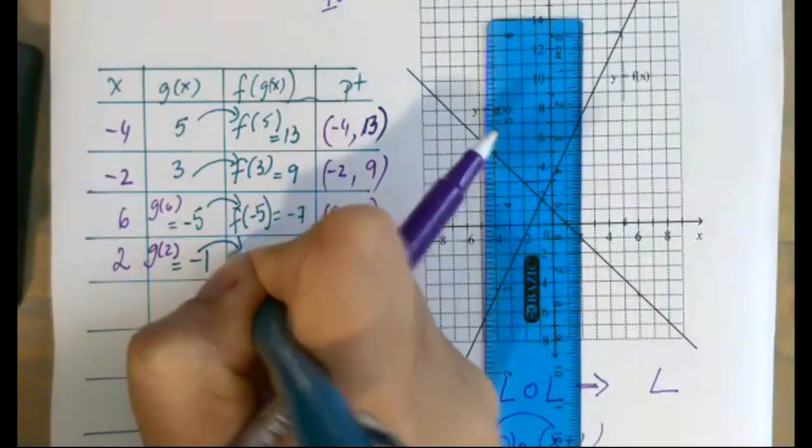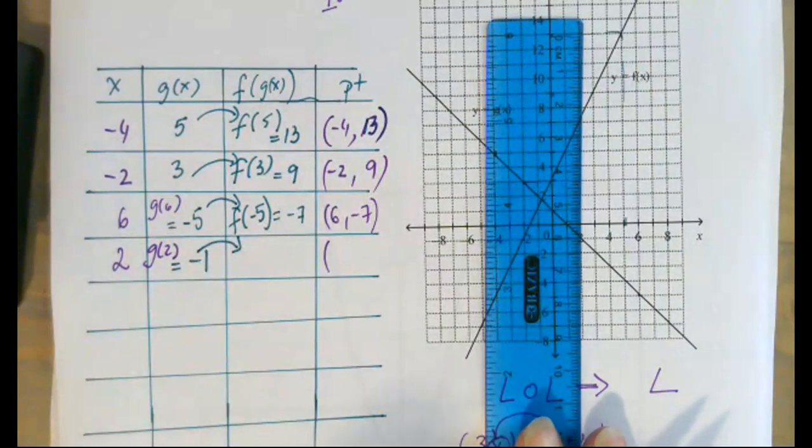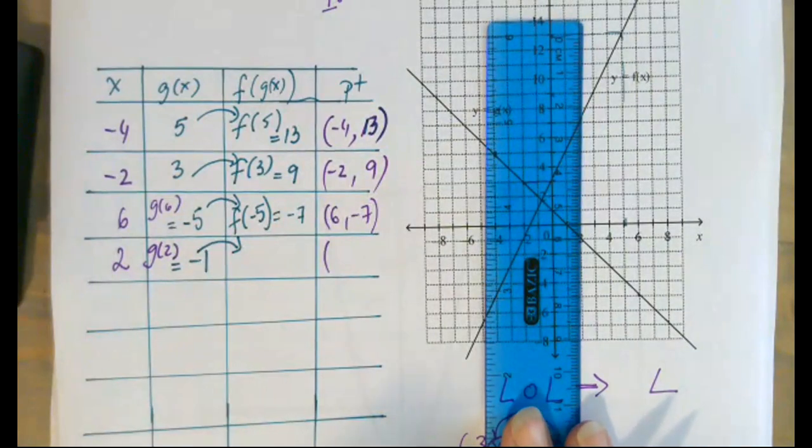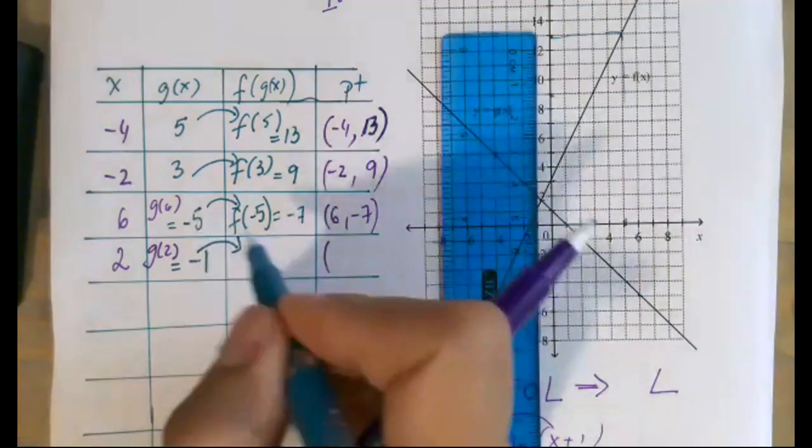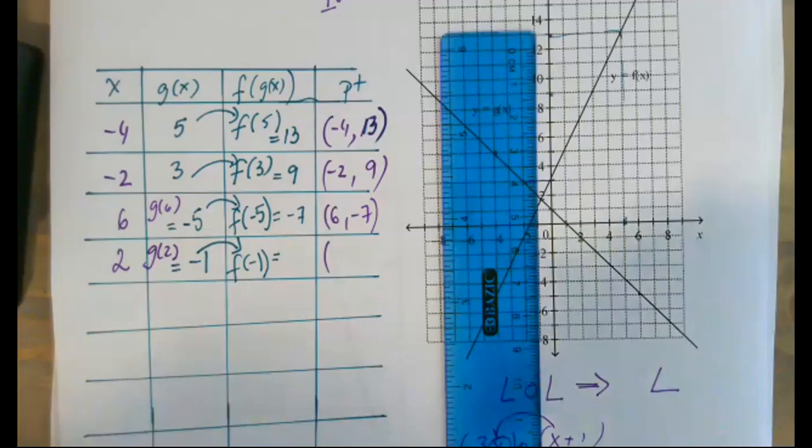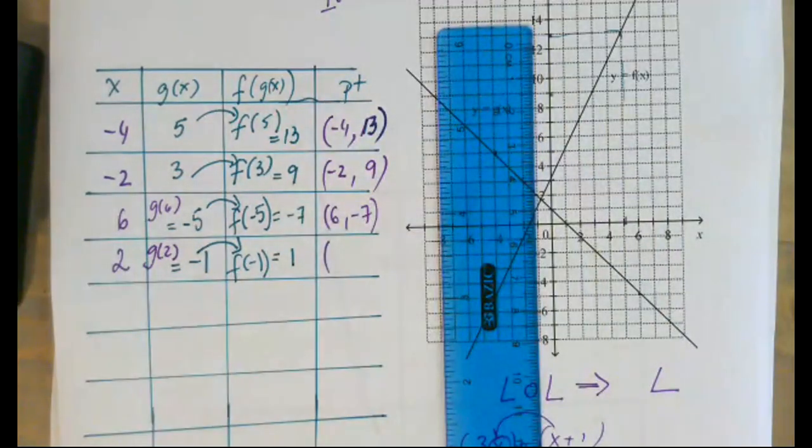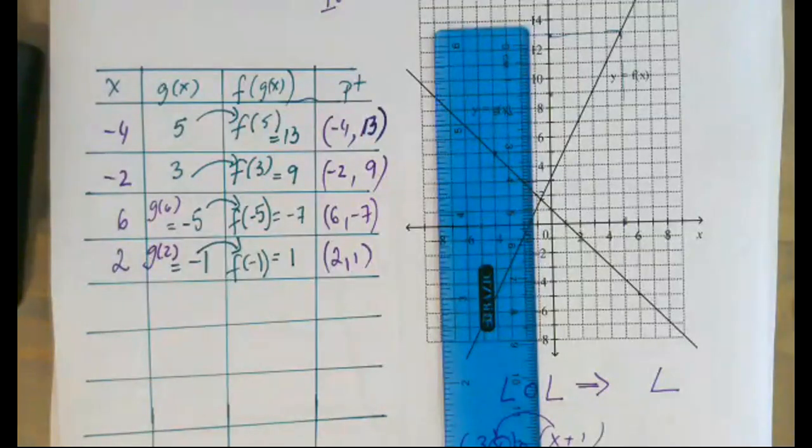Then f of -1. Hold on a second. Sorry, 1. And the point is 2, 1. Okay. Good work.